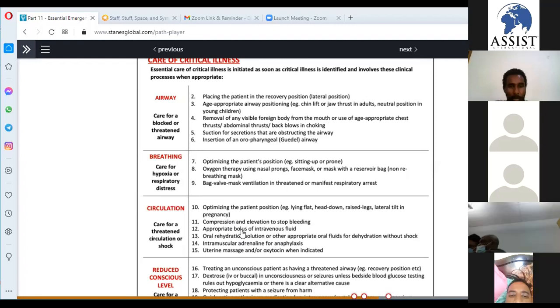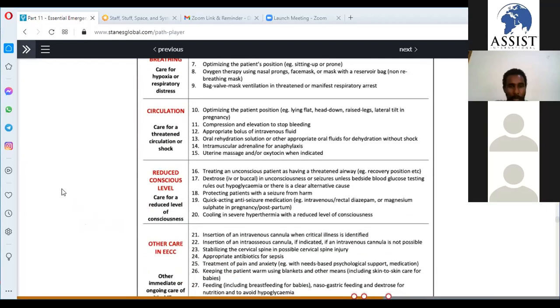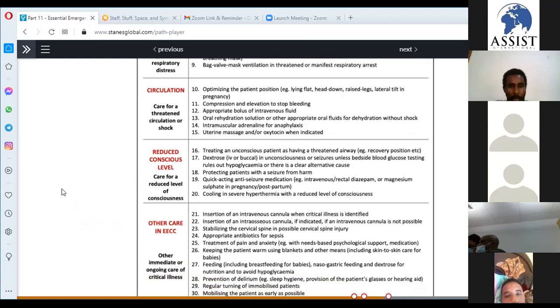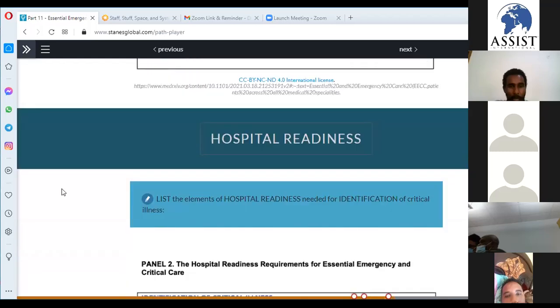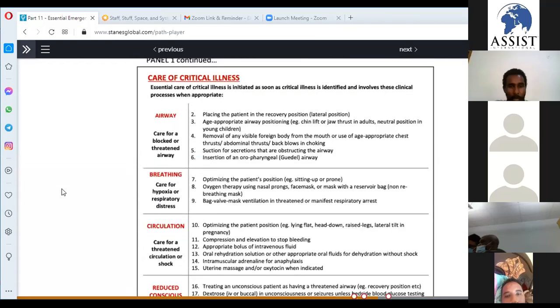You might give fluid, or you might start a vasopressor as needed. So having these instruments set in your setup will help you easily respond to the patient's condition. Okay? These are the clinical care processes required for identification and care of the patient.